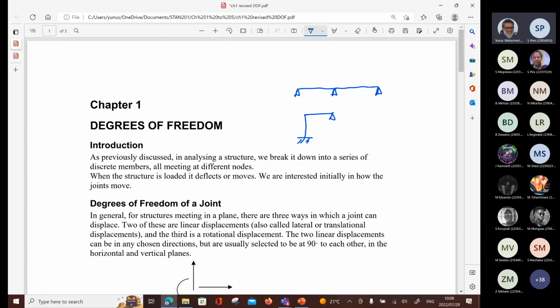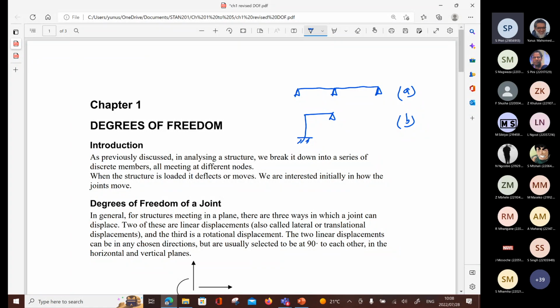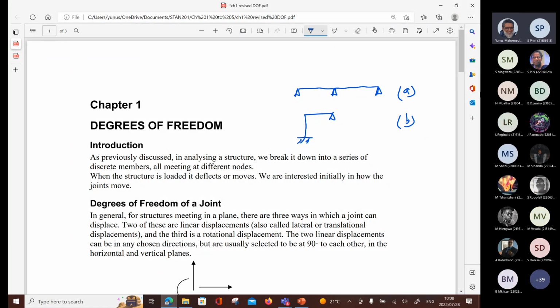That's the kind of stuff you covered in mechanics, and you realize then that, hang on, I can't solve these two problems. What is the reason? Why couldn't you solve A or B using mechanics? What was the problem? Let's look at determinate or indeterminate.